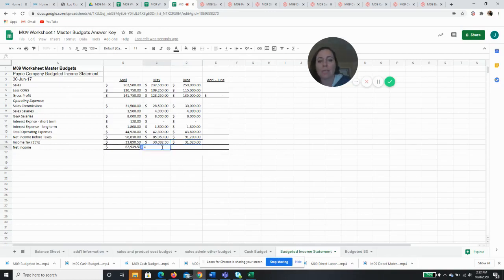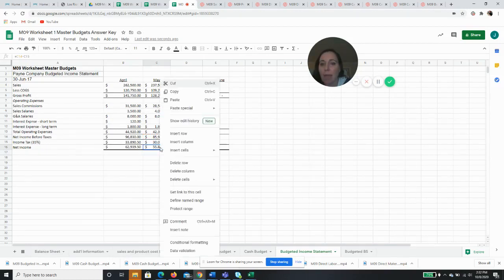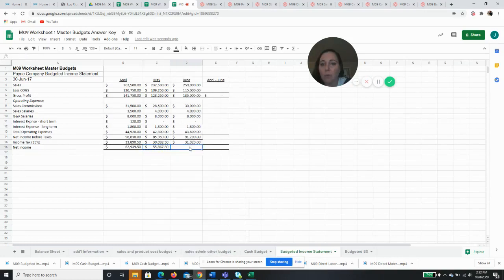If I take my net income before taxes and subtract my taxes, then I have net income of $55,867.50 for May, and for June, I have net income of $59,280. Okay, so that tells me my net income for each of the months.